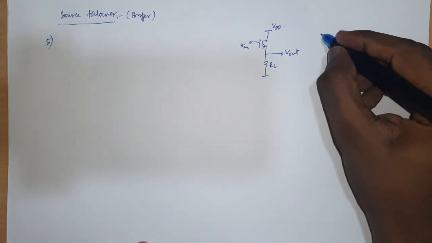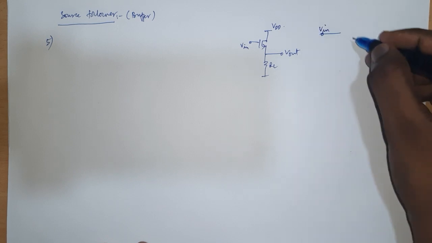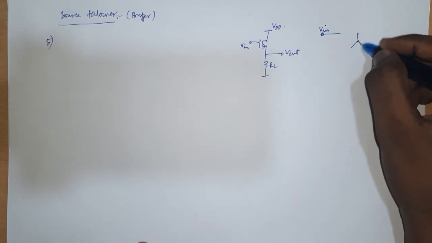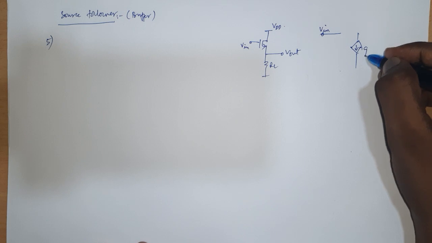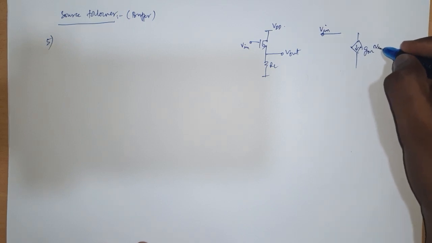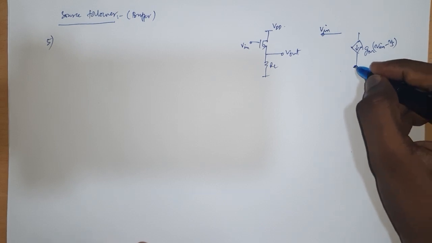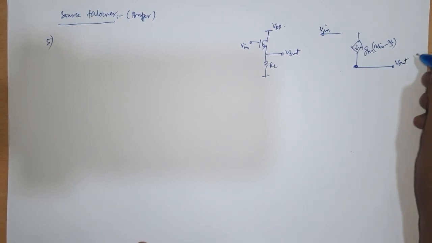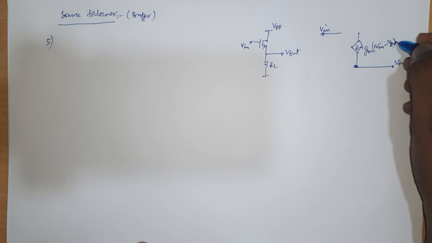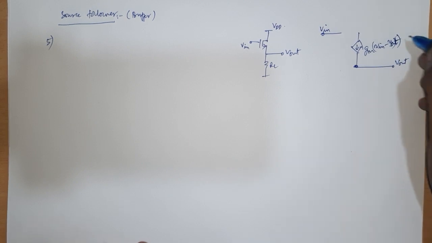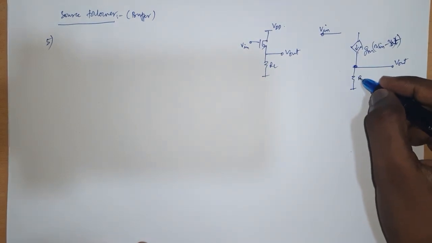And then the incremental picture is something like this: V in, and you have an incremental current of GM times V in minus Vs, because this S is not grounded. This is your V out, which is V in minus V out, and then you have RL here.